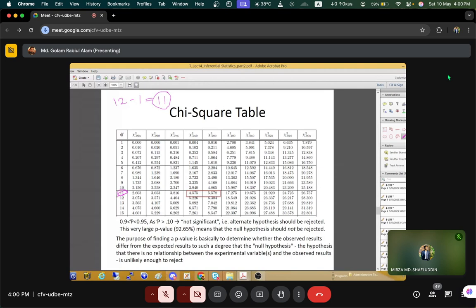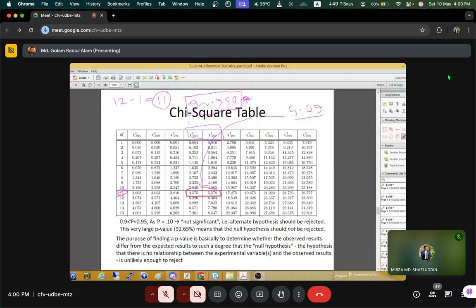Within this range we will get 5.09, and the corresponding p value is given here, from 0.900 to 0.950. So our p value will be within this range. It can be 0.92, it can be 0.93, like this.